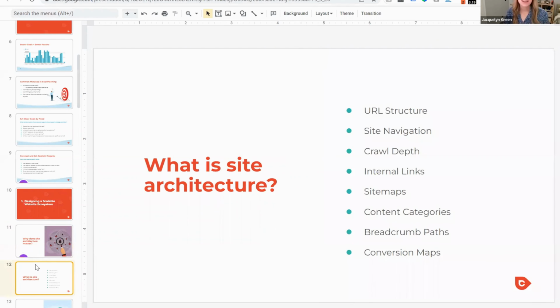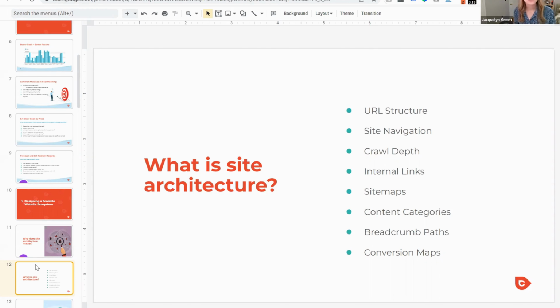And looking more specifically at what that actually means, there are a ton of components that go into exactly what an architecture is. But ultimately, it's the puzzle that you're creating of your website and all of the pieces that you're then putting together to make it. So like I said, Google is going to navigate your website and the internet through links.